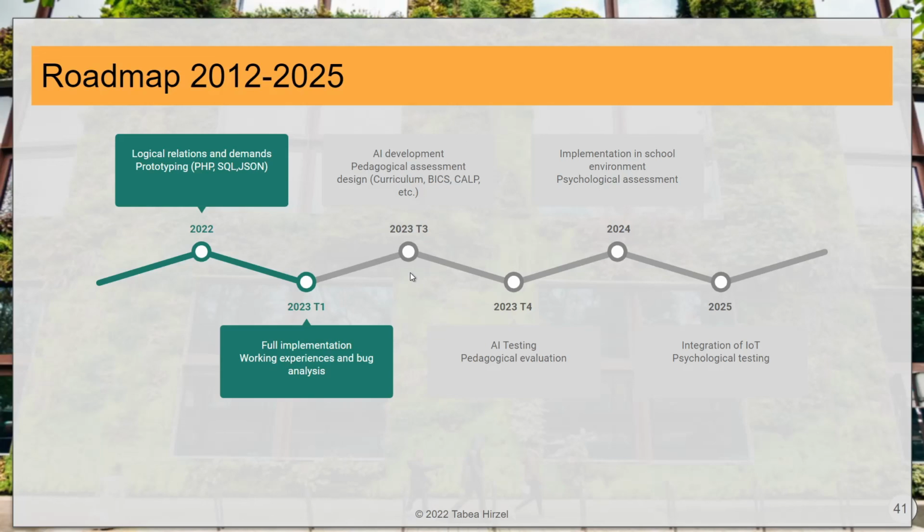And starting from next spring, summer, I would like to start with AI, but also the pedagogical assessment. So I would like to have a catalog of questions that assess my software to understand if it is pedagogically good to do it in the way I do it.